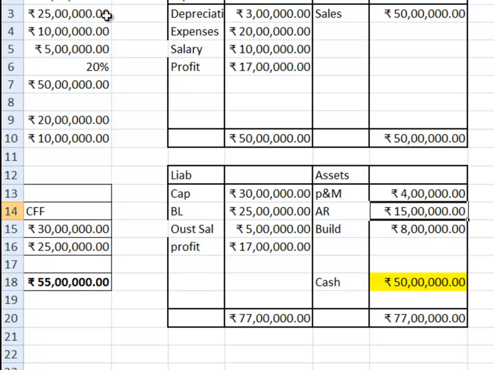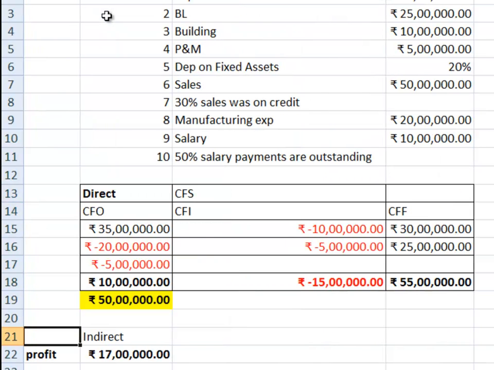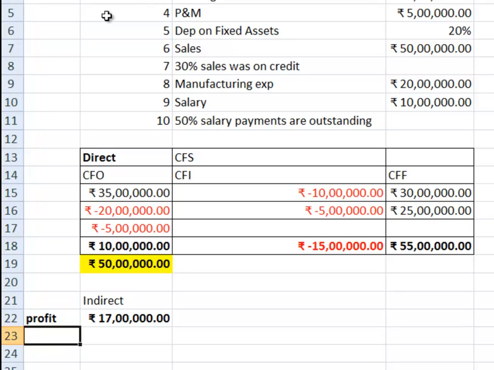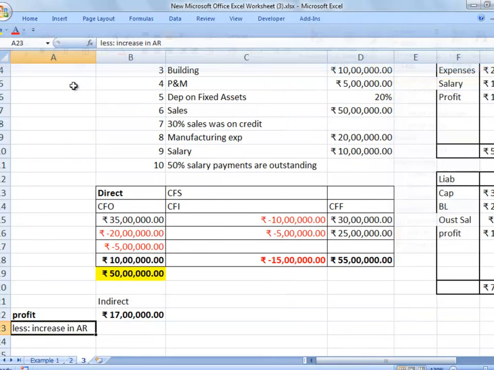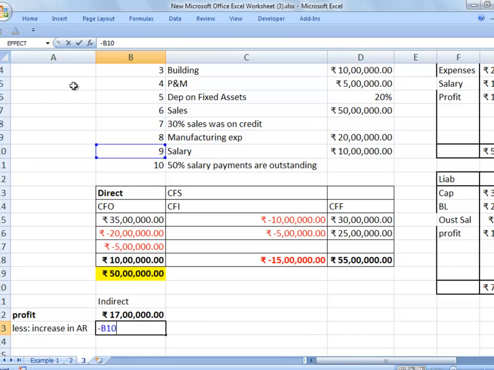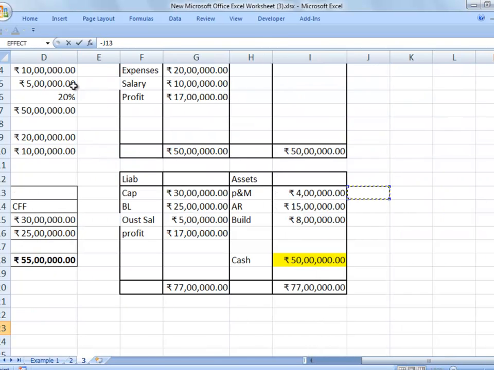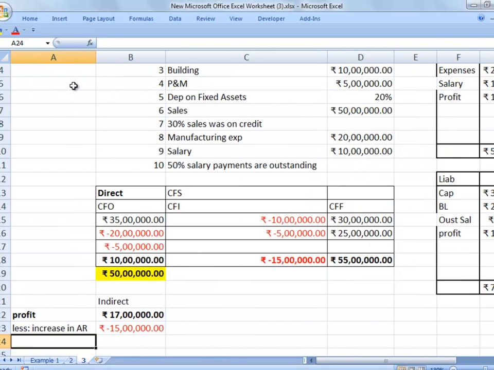That means my sales of 15 must have been on credit, but it has been added, so I need to deduct it. So now I'm saying less, and instead of saying credit sales, now I'm saying increase in accounts receivable. Same thing, increase in accounts receivable means it must have been credit sales, and that amount is 15 lakhs. So less increase in accounts receivable 15 lakhs.